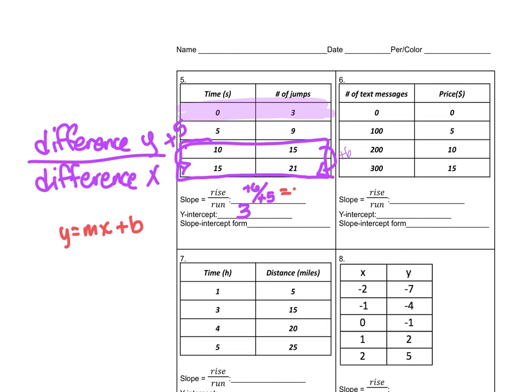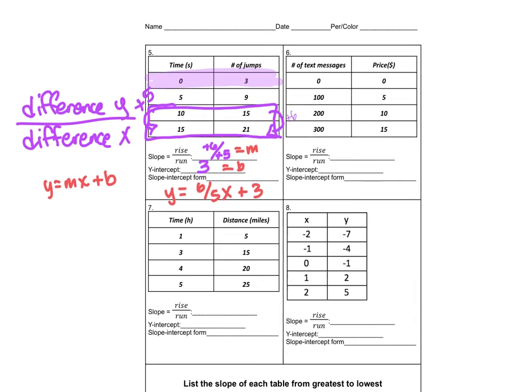And again, this is our m, this is our b. Go ahead and substitute that in. Okay, so you're going to get y equals, let me write it here. Y equals 6/5x plus 3. Good. Go ahead and try the next 3 on your own.